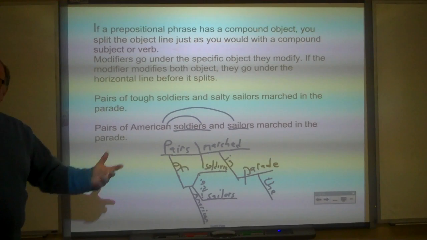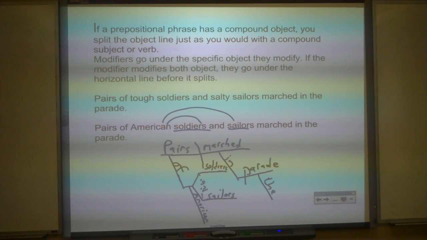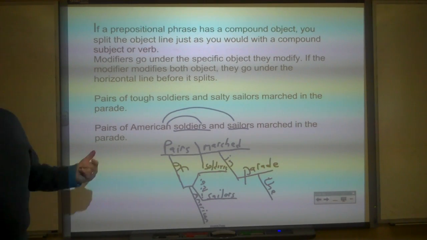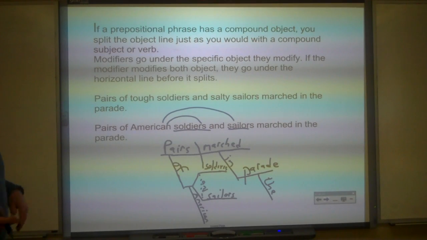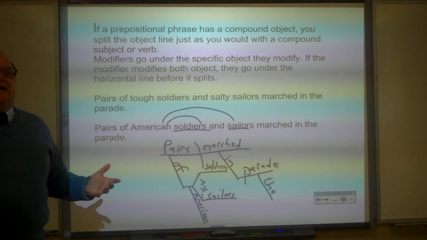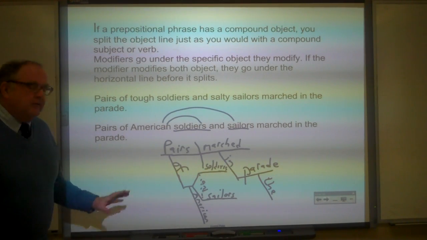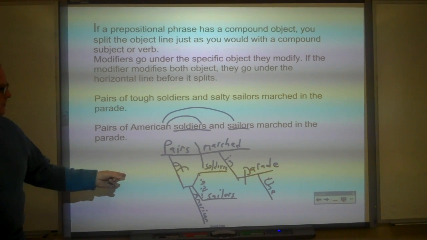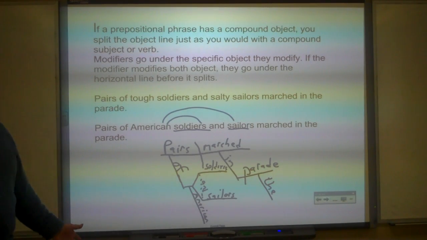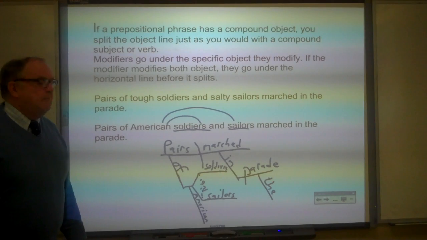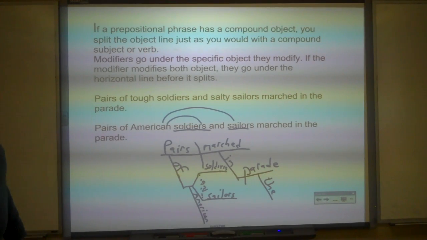If you think about it, it's the same thing if you had a modifier modifying a compound subject, or a compound verb, or a compound direct object. Same pattern. You've probably done this before with other sentence parts, but you do the same thing with compound objects of prepositions.